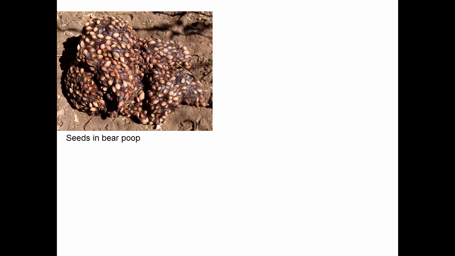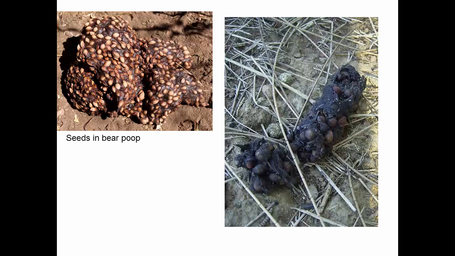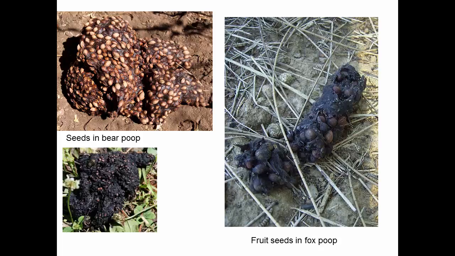As the seeds are not actually broken down and digested, they go through the digestive tract and you end up with those seeds being deposited when the animal goes to the bathroom. This is from a fox. This is from a raccoon. In all of these examples, birds eliminate seeds as well. And some seeds will only germinate once they have been through the entire digestive system.